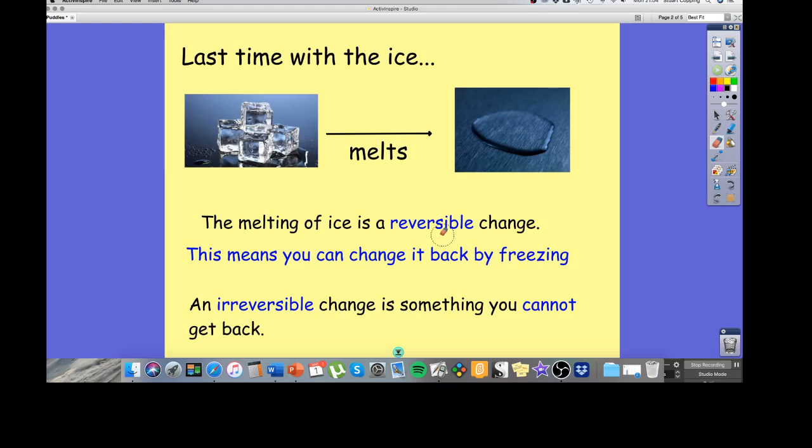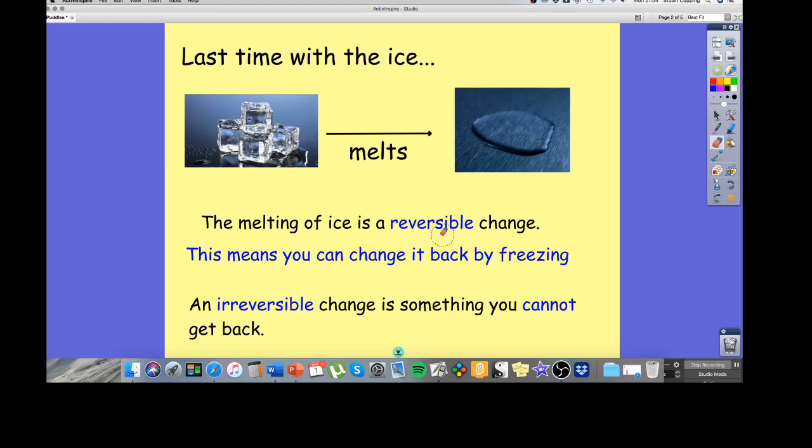Now, the melting of ice is a reversible change. Okay, that means that you can change the water back into ice by putting it back in the freezer. It is reversible. We can go back to the ice from the water.